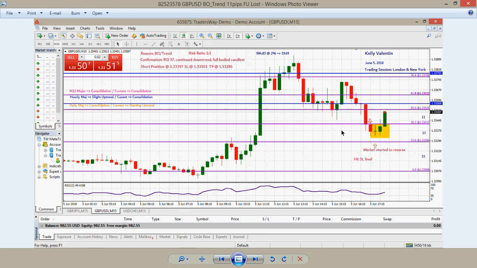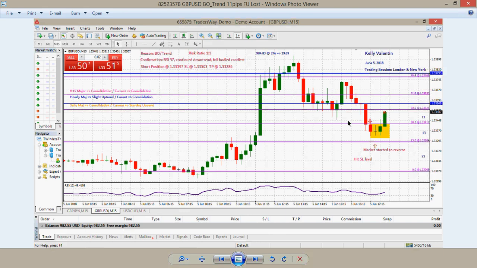When I entered into the trade, I had waited for my confirmation. My RSI was 37. It was a continued downward trend. I feel like this candlestick here was a full-bodied candlestick.